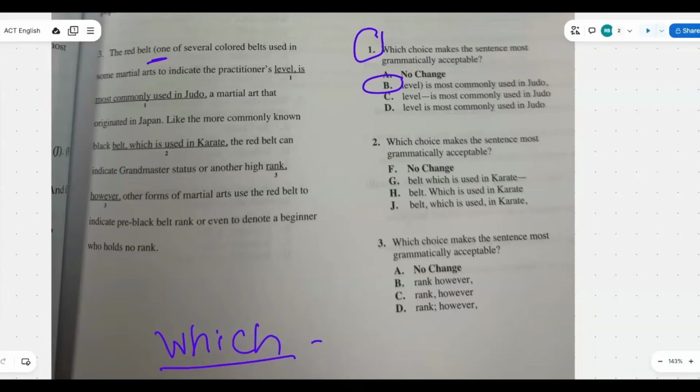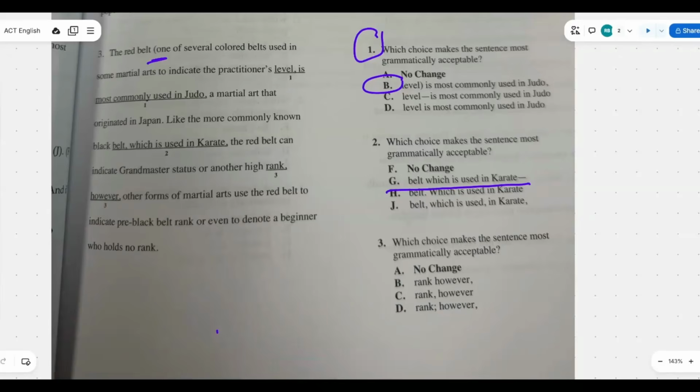And which is not friends with semicolons. You can use it a little bit around a period. I've seen some exceptions, but on this test, you can just eliminate it by a period. So on number 2, just go ahead and eliminate that one, and then at least you've got one less. And then as you're looking for this, like more commonly known black belt, which is used in karate, the red belt can indicate.